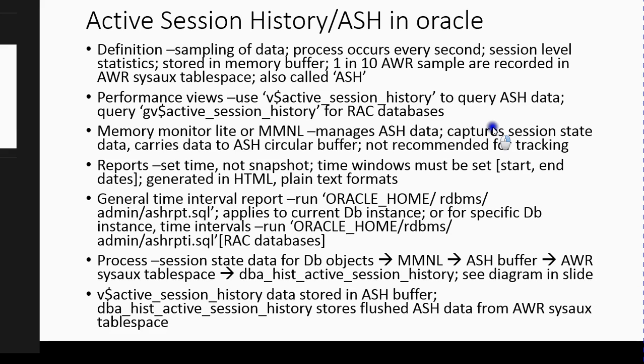In terms of the process, remember that with AWR you relied on the MMON process, the Manageability Monitor, but now you're using the Memory Monitor Lite, MMNL. MMNL manages the ASH data. It captures the session state data and carries it to the ASH buffer.